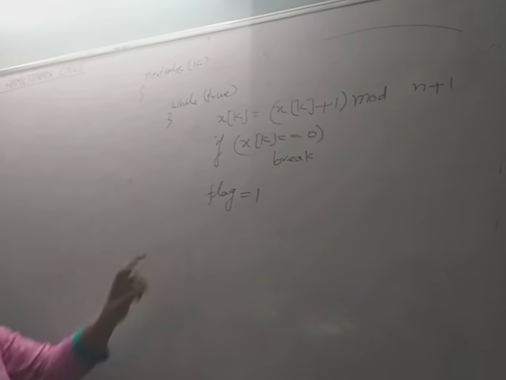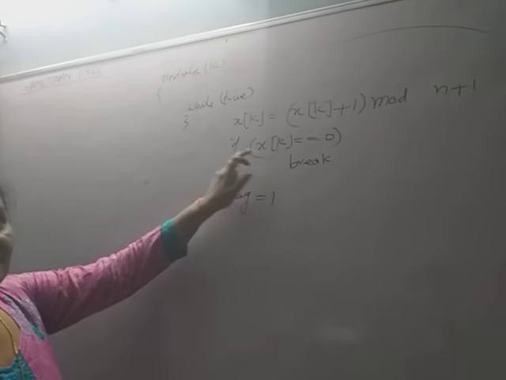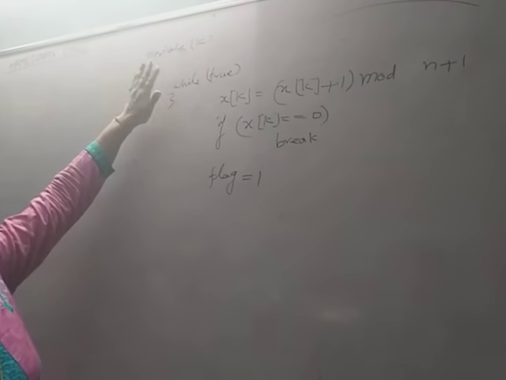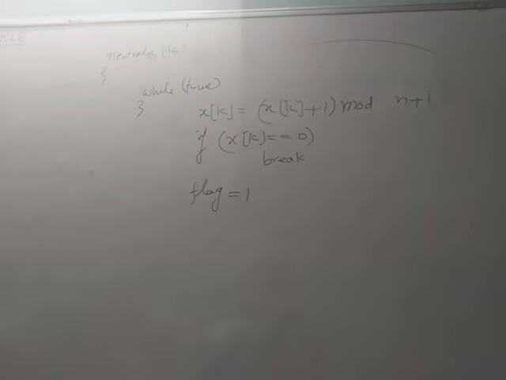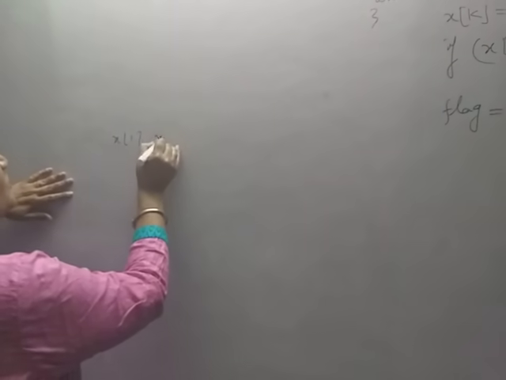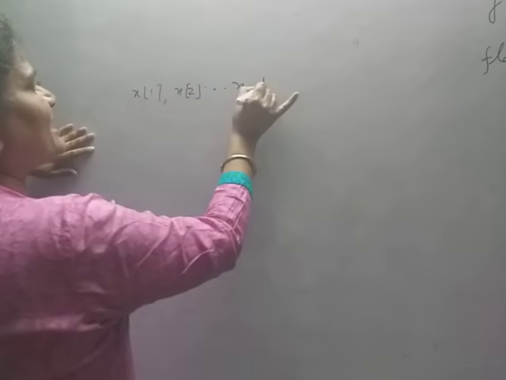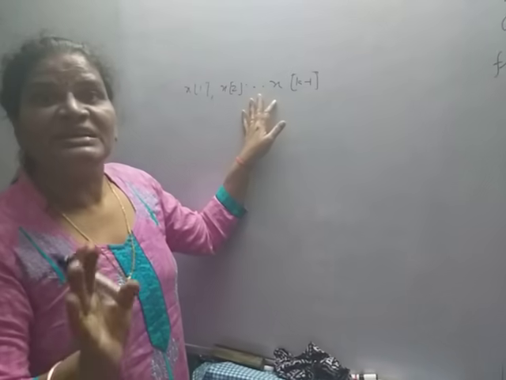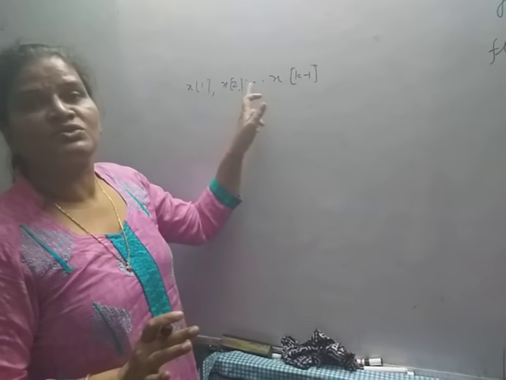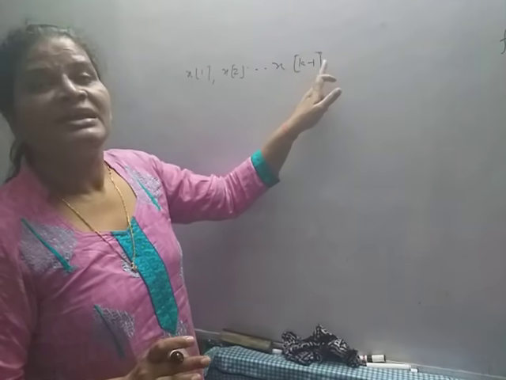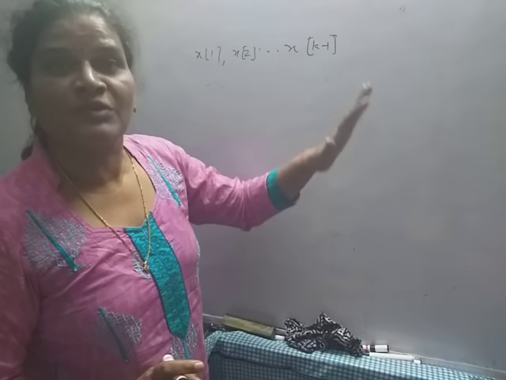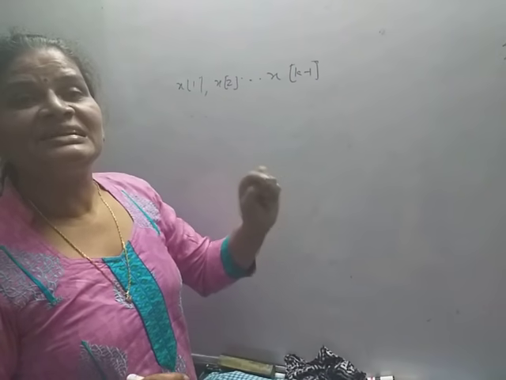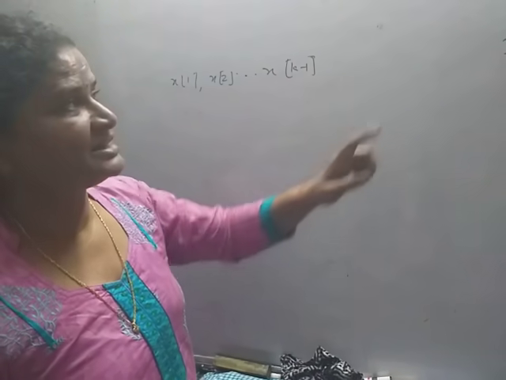Before calling this function, x1, x2, up to xk minus 1, the path has already been generated. x1, x2, up to xk minus 1 is a path of distinct vertices. Now I am just finding the next vertex xk.